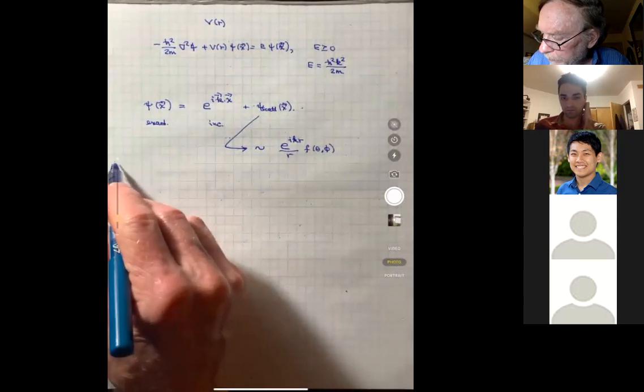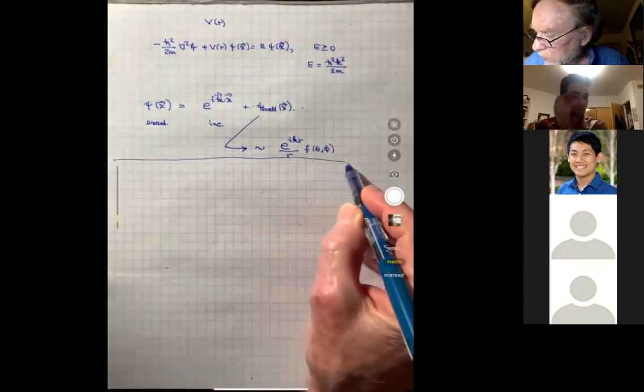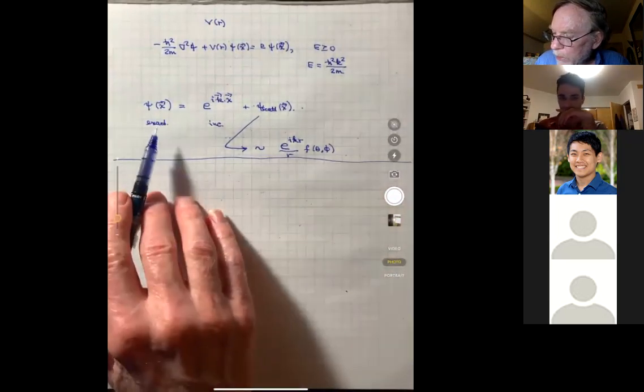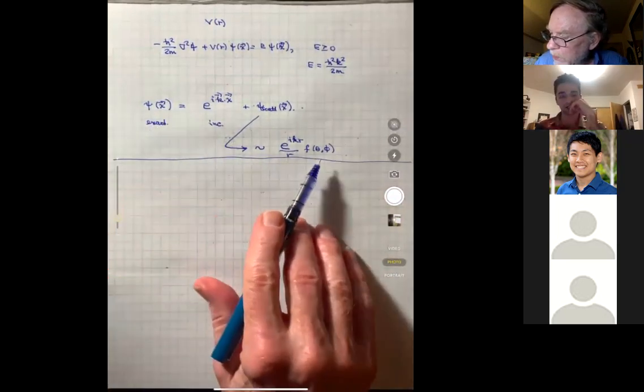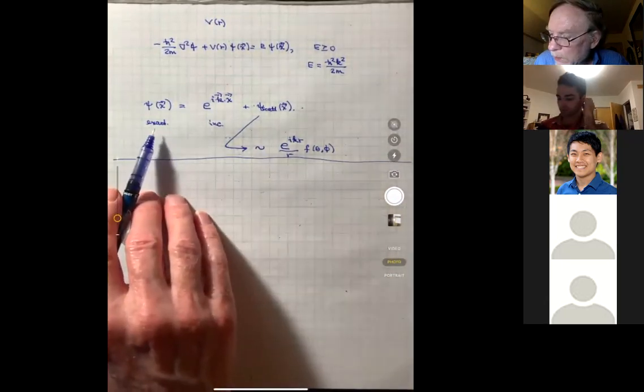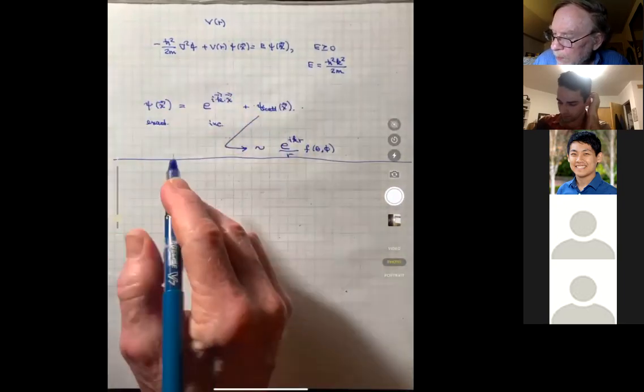All right, now then, our strategy here is going to be to analyze these three terms, the exact term, the incident term, and the scattered wave. And the first thing I'm going to do is decompose the angular dependence of all three of these waves into Y_lm's. So let's start with the exact solution to the Schrodinger equation.